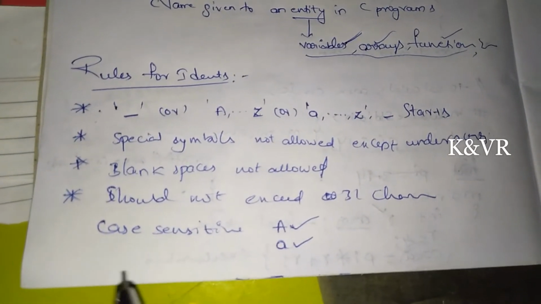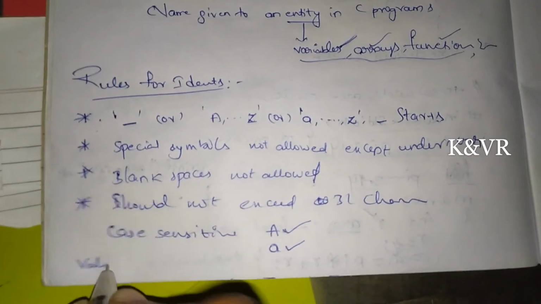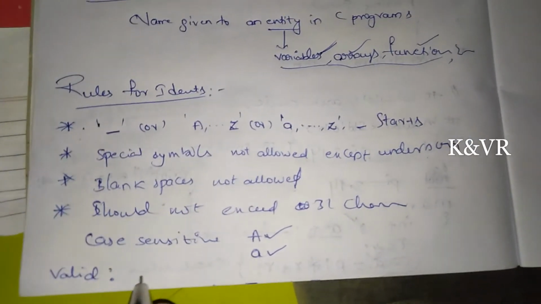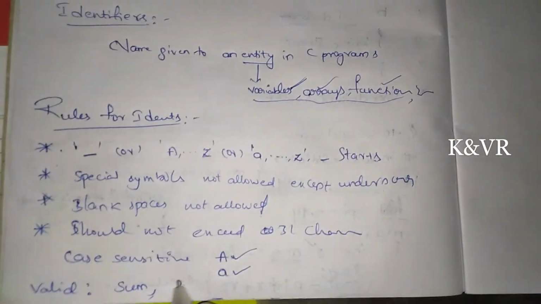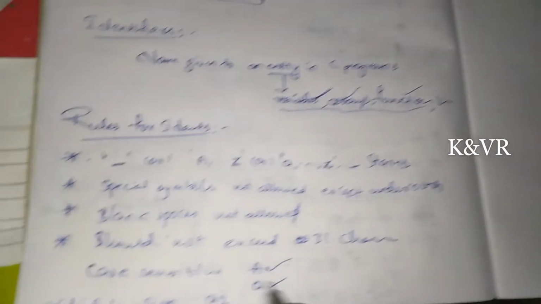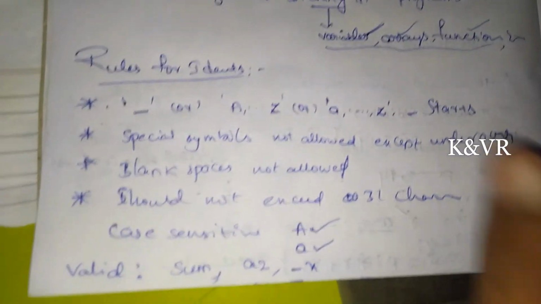I will show you some valid identifiers. Like this, a is a valid identifier. A2 is a valid identifier. Underscore x is a valid identifier. And marks underscore 1 is a valid identifier.